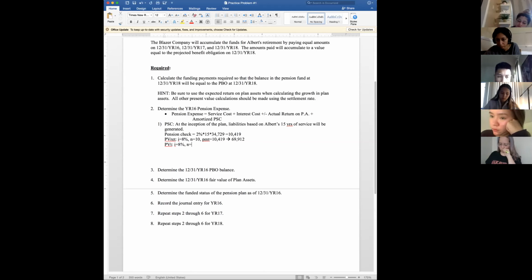So today's date is still 1/1/16. This is the date we are starting the defined benefit plan. So retirement date is 3 years from today, right? We are discounting this amount back to today's date, therefore n equals 3, yes.